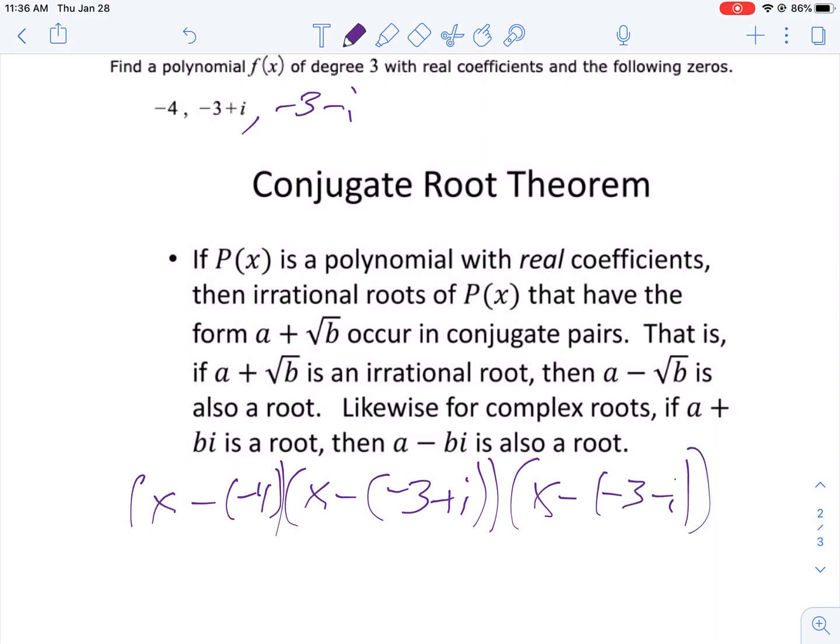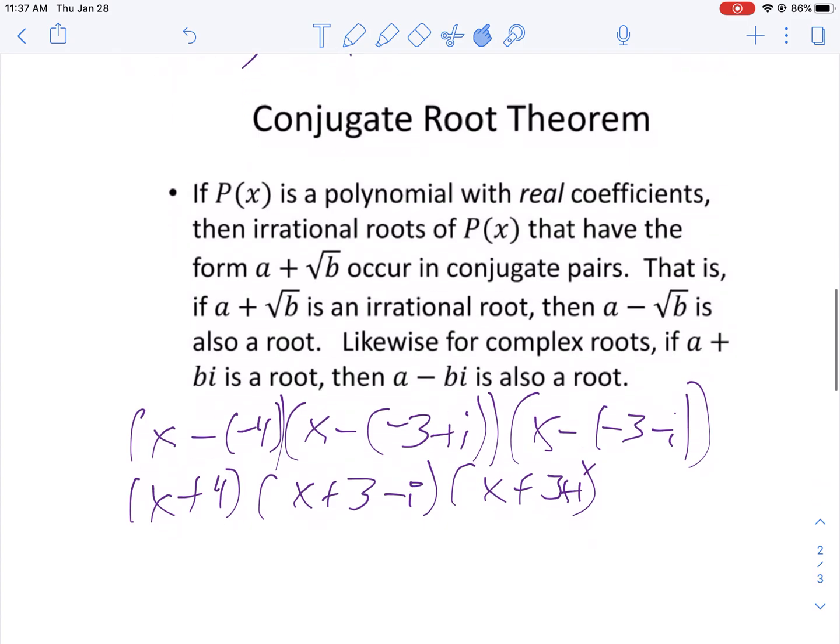Well, I can simplify that a tad. That'll be x plus 4, times x plus 3 minus i, times x plus 3 plus i. Now, we're going to multiply these three together.